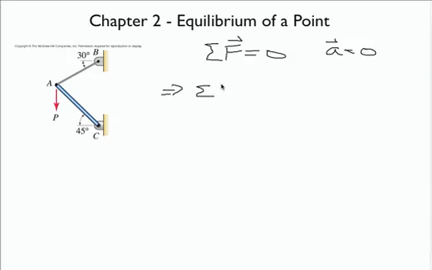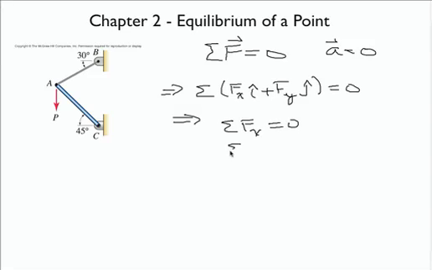Inherent in this, if we plug in our components of that force, we'll write force x i hat plus force y j hat equals 0. We'll realize that this vector statement in 2D represents two scalar equations. This is equivalent of saying the sum of forces in the x equals 0 and the sum of forces in the y equals 0.